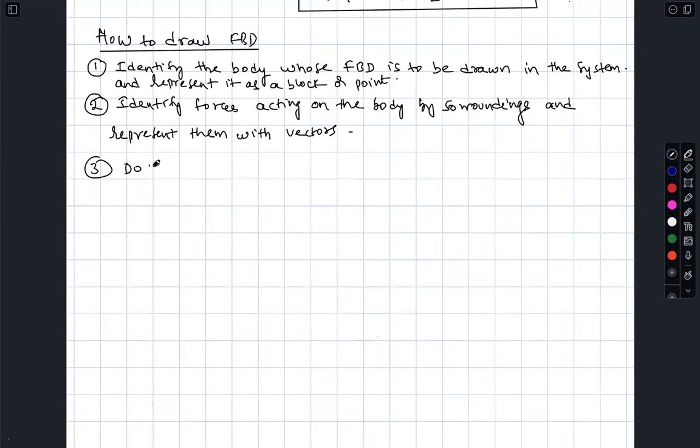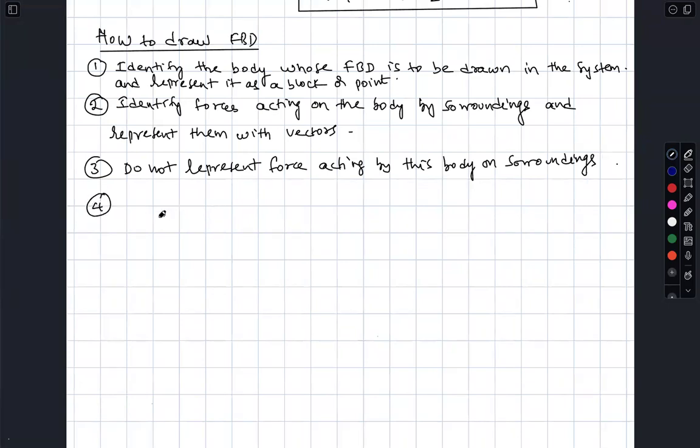Do not represent the force acting by this body on surroundings. This is a very important caution. Don't represent the force exerted by this body on surroundings in the free body diagram.